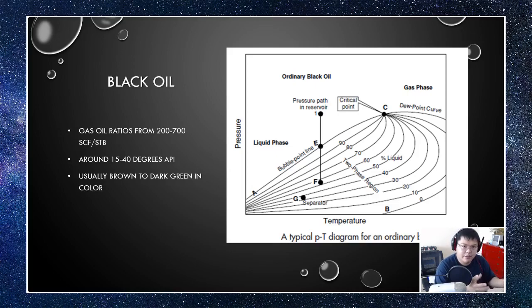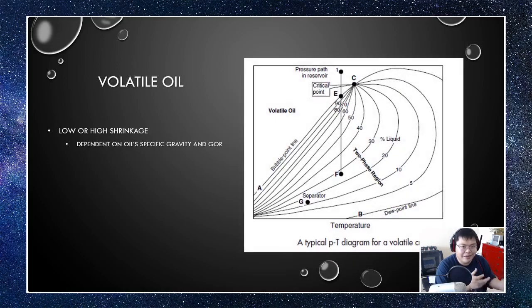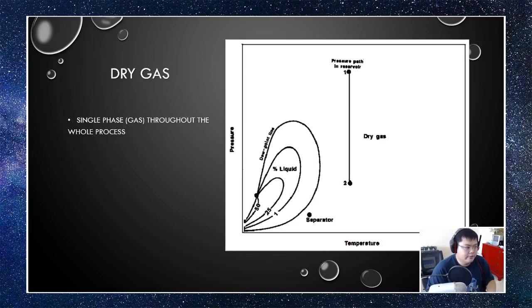That's pretty much how you can remember volatile oil, because I like to think it's more lively. It wants to be critical. That's volatile oil for a volatile oil reservoir.